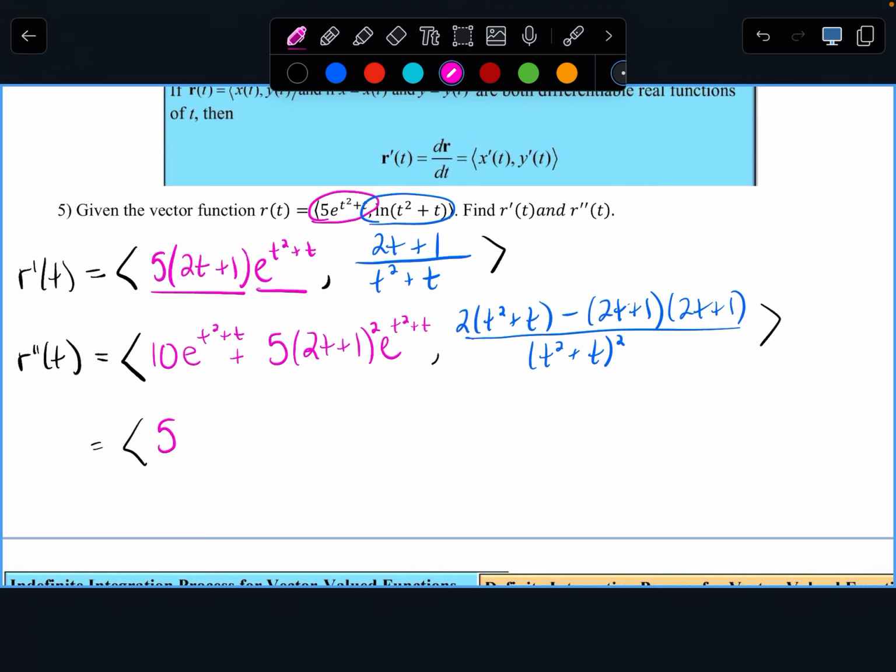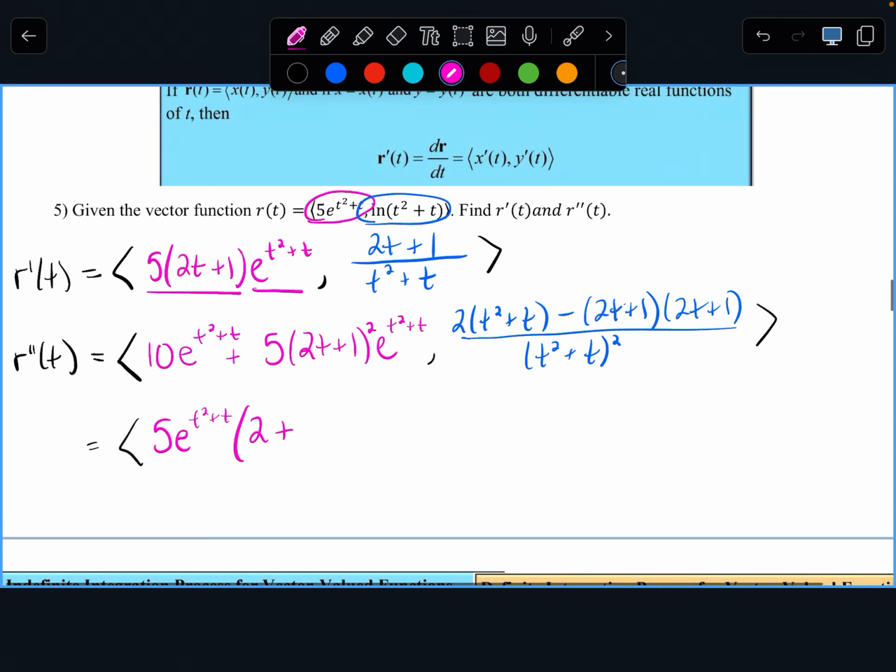I'm going to factor out the e stuff and a 5. So if I factor out an e, I'm just left with what? 2 plus this thing squared, right? Yeah. And then, let's see, what does this whole numerator turn into?